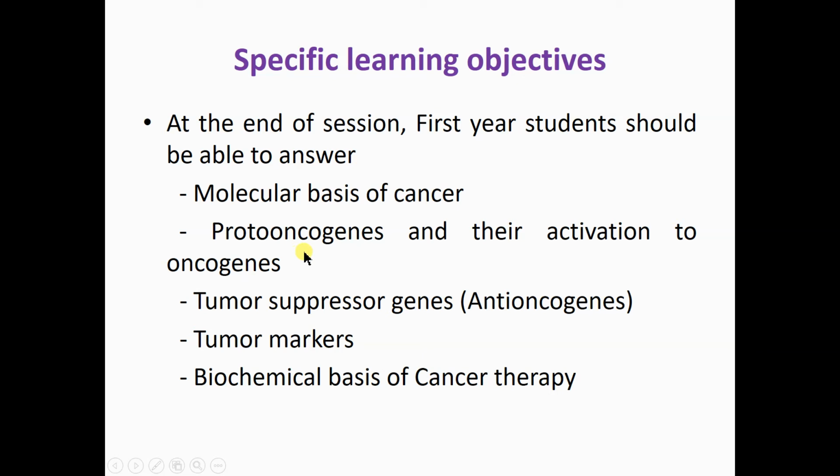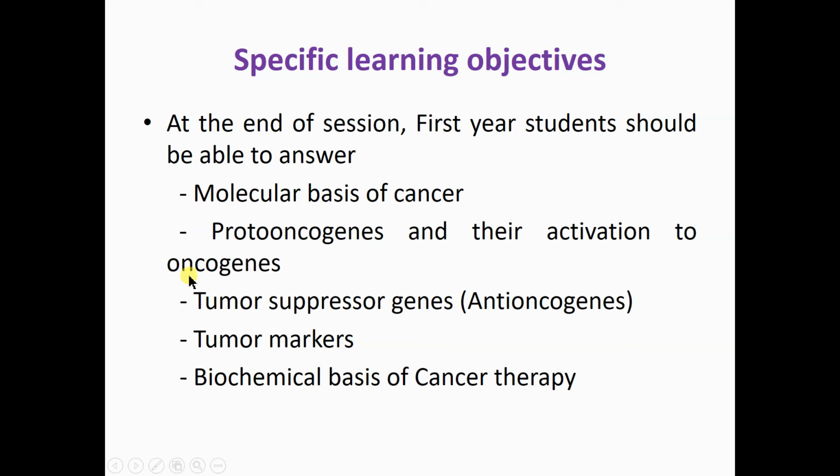Normally in our cell, both genes are present: proto-oncogenes and anti-oncogenes. Normally there is a balance between the activity of these proto-oncogenes and anti-oncogenes. Proto-oncogenes are normal genes, and these are also normal genes. But when a mutation occurs in these proto-oncogenes, they will be activated to oncogenes.